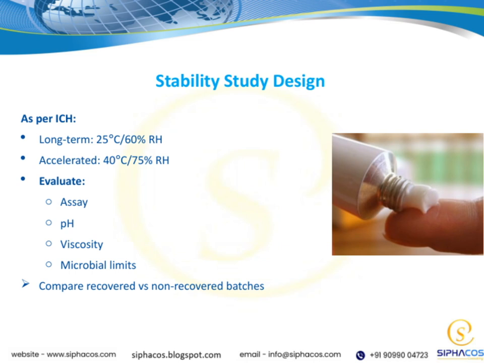An important aspect is comparing recovered versus non-recovered batches. This helps us determine if the manufacturing process is consistent and if the product remains stable across different batches. Overall, this design ensures we have a comprehensive understanding of the product's stability profile, which is essential for maintaining quality and efficacy throughout its shelf life.